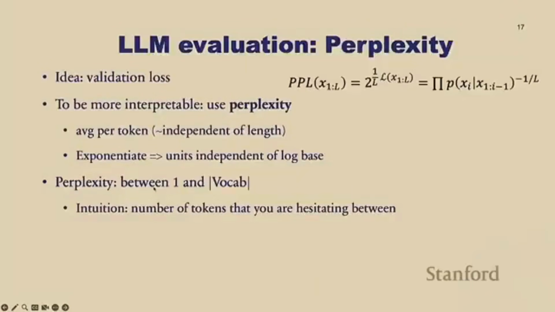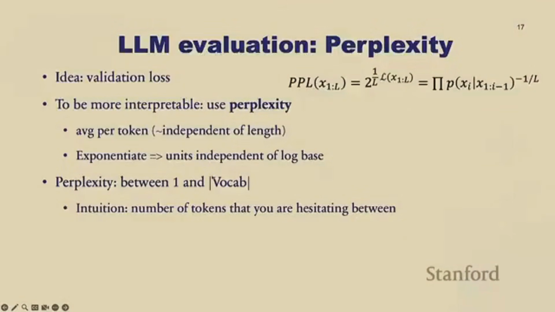If you predict everything perfectly, then every word will have a probability of one, so the best perplexity you can have is 1. If you really have no idea, you predict with 1 divided by the size of the vocabulary, and with simple math you get a perplexity equal to the size of the vocabulary.